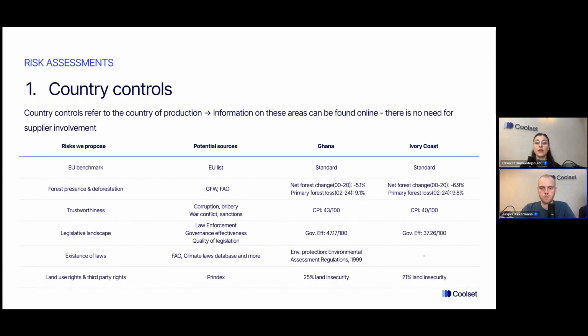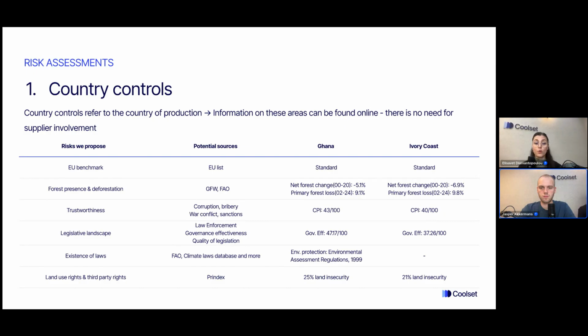This should be highly concerning for you, and you should take into consideration that things are going on the negative side for these countries. But at the same time, we also have the CPI score, the corruption index, for example, and Ghana scores 43 out of 100, and Ivory Coast 40 out of 100.